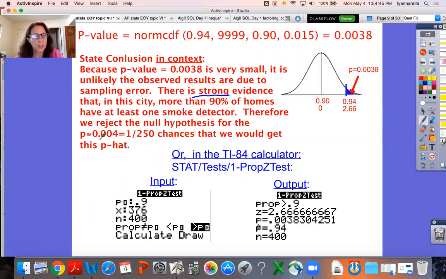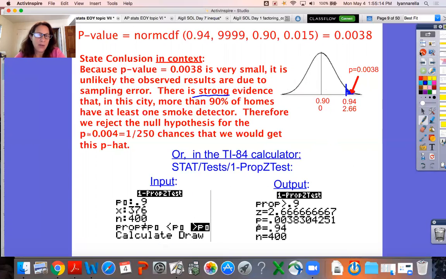And then here's what you would say: this p-value 0.0038 is the probability that if the null were true, if homes had a 0.90 rate of using smoke detectors, we would get results like this for this particular city. And since that's so low, we can reject it and say, no, that probability is way too low for that to be true. So we believe that the homes have much higher rates.